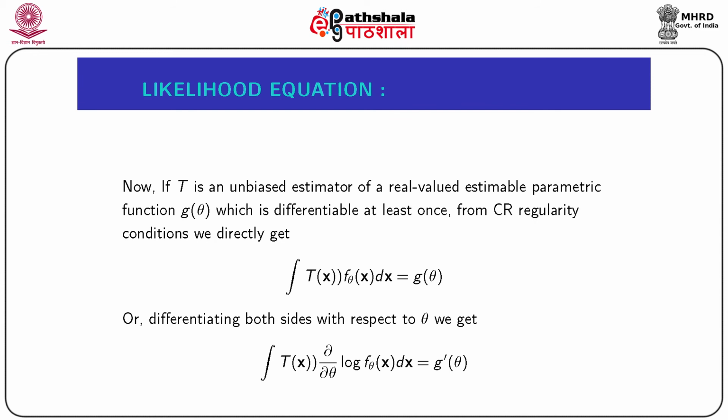If the parametric function g(θ) is differentiable at least once, then from the Cramer-Rao regularity conditions, we directly get, by differentiating both sides of the above expression with respect to θ, that the integration of T(x) times ∂/∂θ log f(x) dx equals g'(θ).